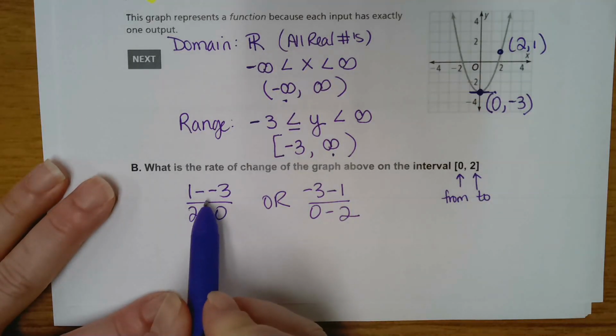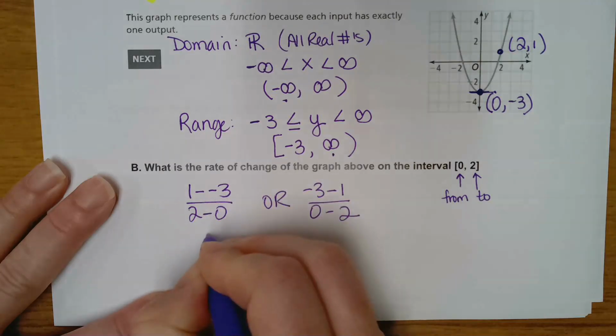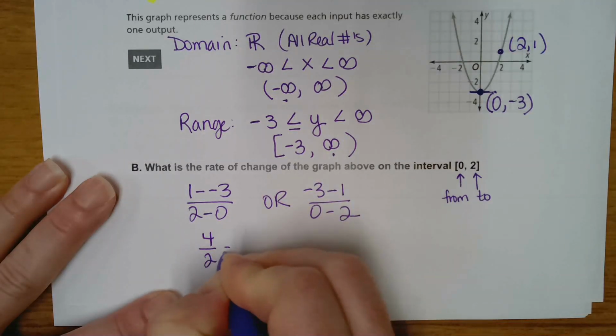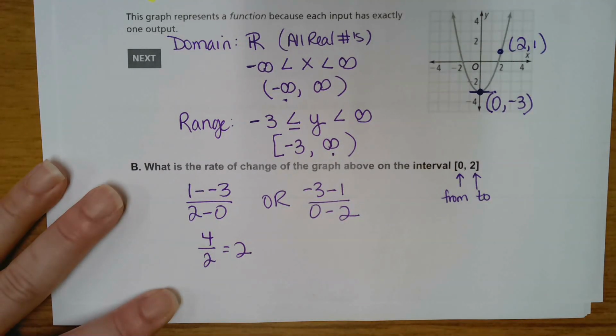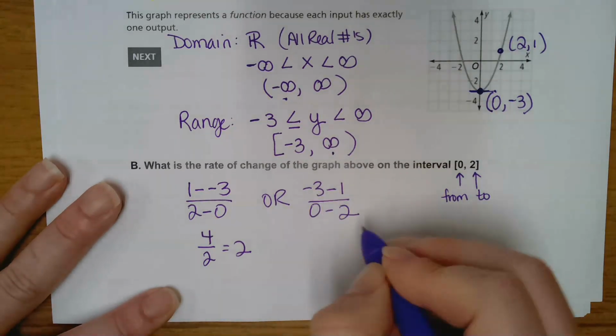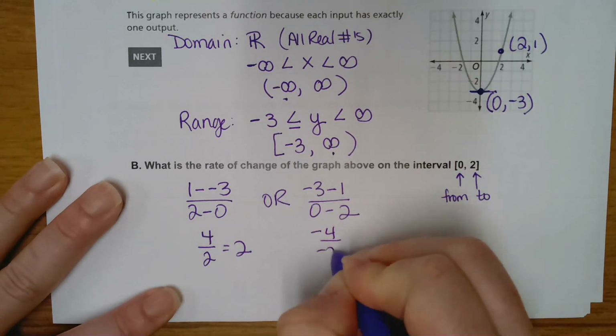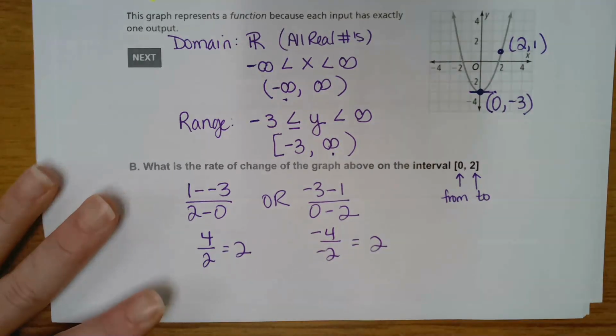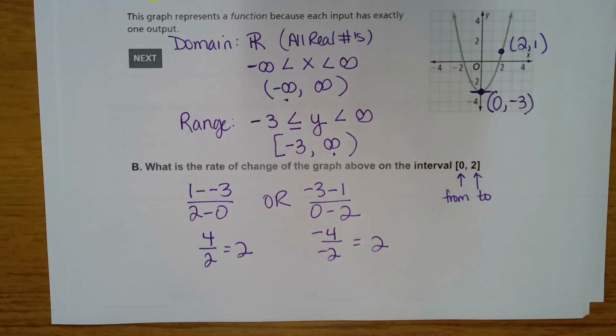So this gives me 1 plus 3, 4 over 2, which is 2. The other way, you get -4 over -2, but isn't it the same thing? Do you have to do it both directions? No, I'm just showing you both of them give you the same rate of change. Okay. All right.